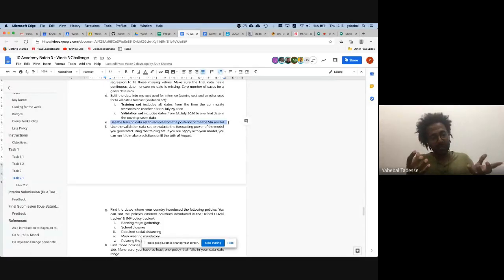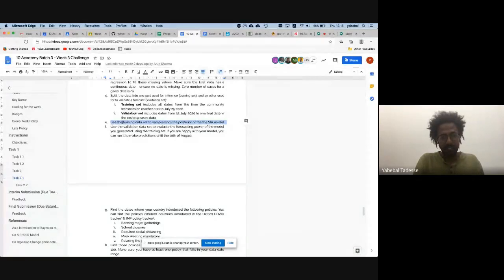And the posterior is basically that you have the prior, and when it is multiplied by the likelihood, that is what we call the posterior. Finally, about your training data, I think there is some writing that is not that clear. I don't know why I even wrote it like that.